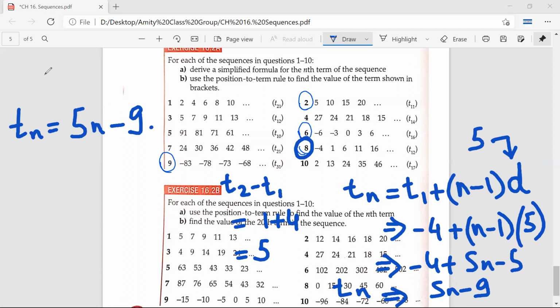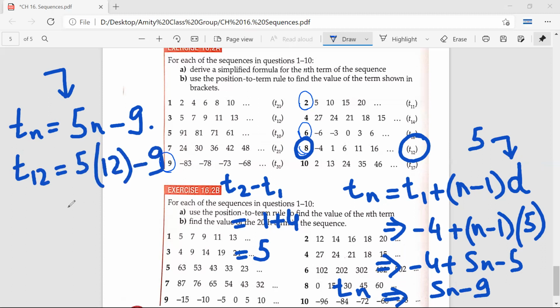Now, this is my general term. If I want to find the particular term, what are they asking? They are asking me for T12. Is this the answer that you have got? Soumya ji? Yes.